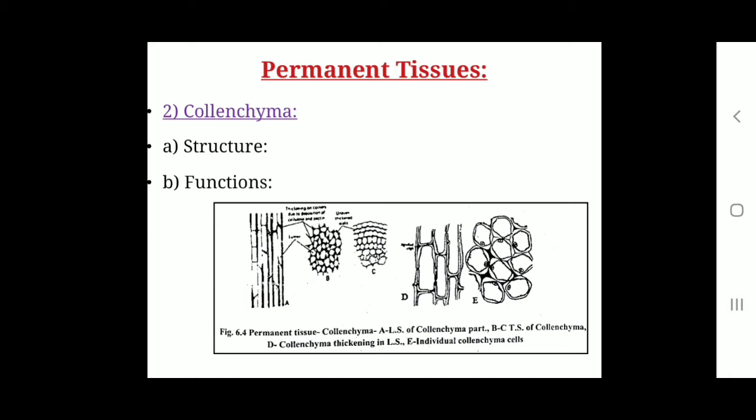Thus the cells appear like plates or bands. Collenchyma cells remain alive even after maturity and sometimes contain chloroplast. They are more or less rounded or polygonal in transverse sections. Collenchyma cells are thickened due to deposition of cellulose impregnated with pectins. The cells are never lignified and have simple pits in their walls.